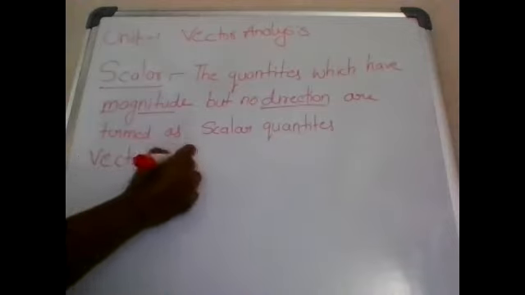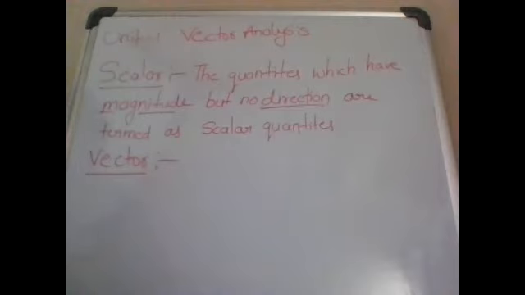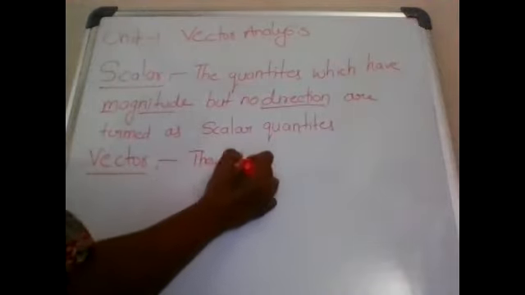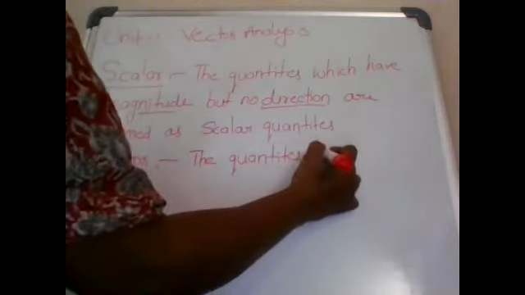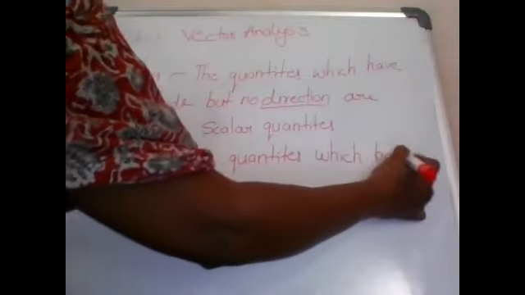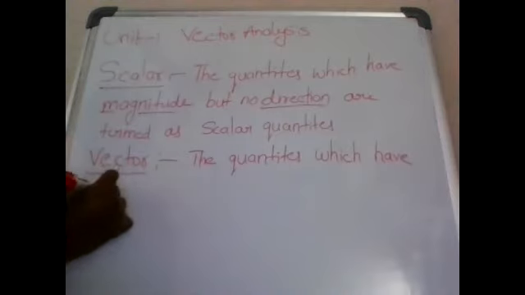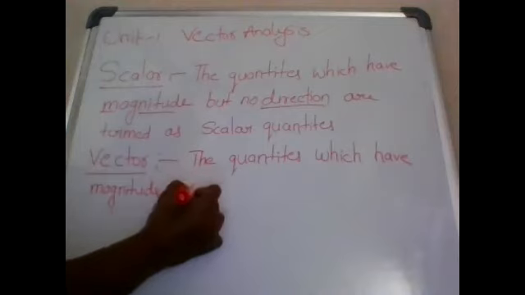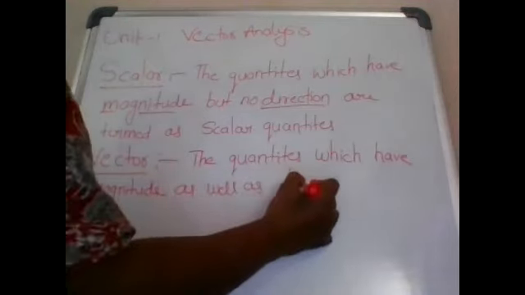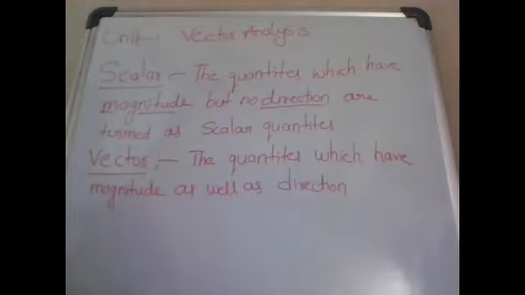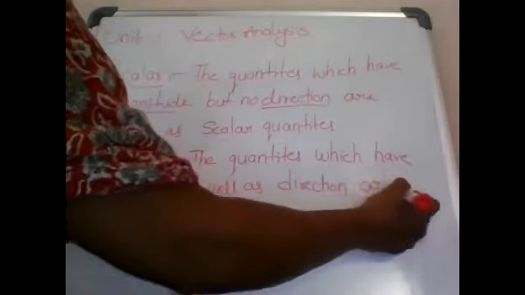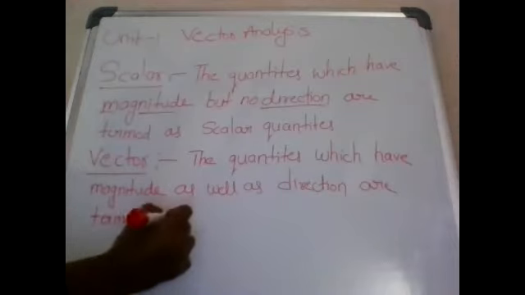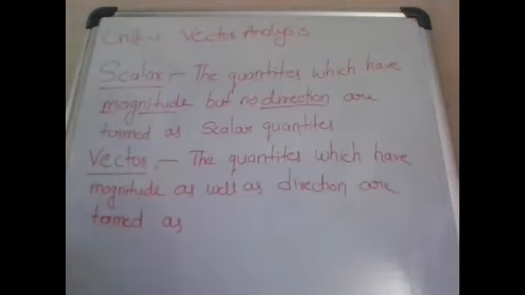Vector definition. The quantities which have magnitude as well as direction are termed as vector quantities.